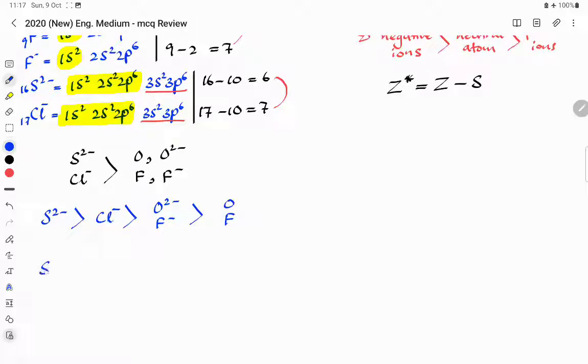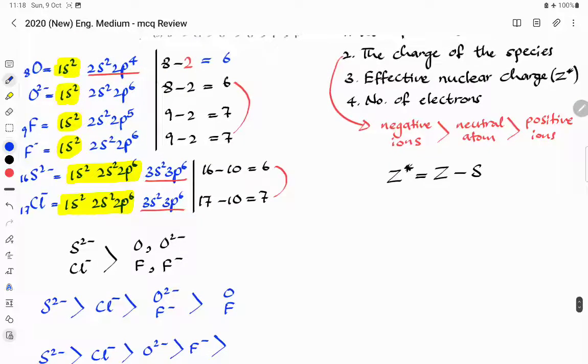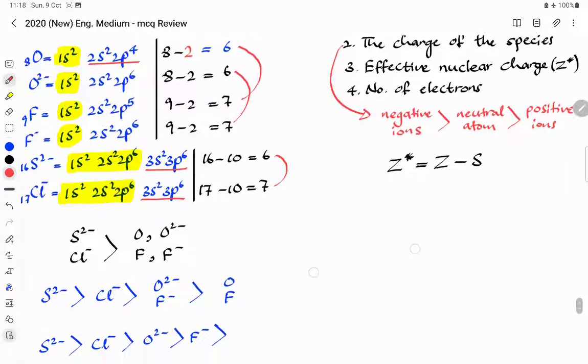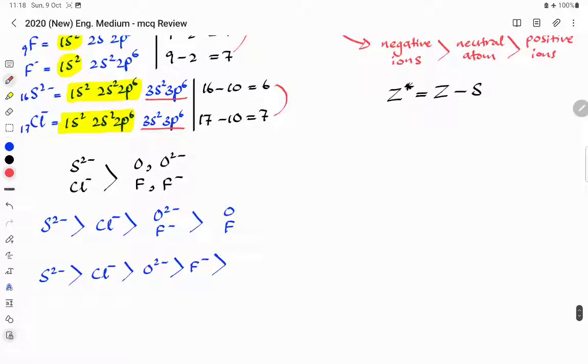So the order will be sulfide, chloride, oxide, fluoride. The same argument can be used for oxygen and fluorine. If you look at here, effective nuclear charge of oxygen is smaller, therefore its radius is greater. Therefore oxygen and fluorine. So this will be the answer.